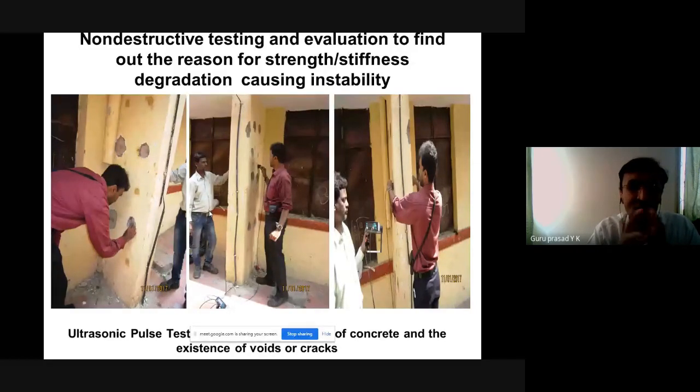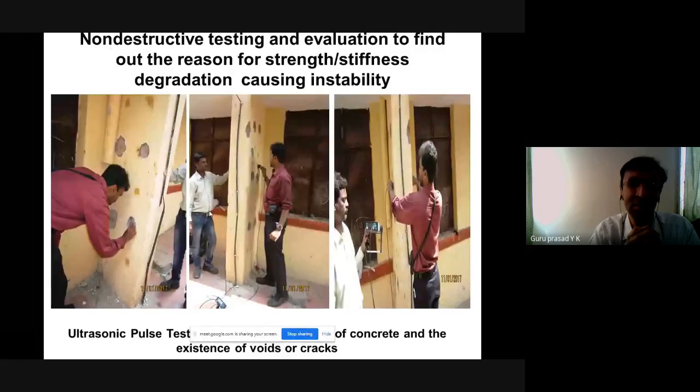I can't reveal the details of the project because of the technical secrecy of the client, which we are not supposed to tell. But this is a very old reinforced concrete building which needed assessment because they wanted to check if this building is safe for use or not. Because it's a very old building.